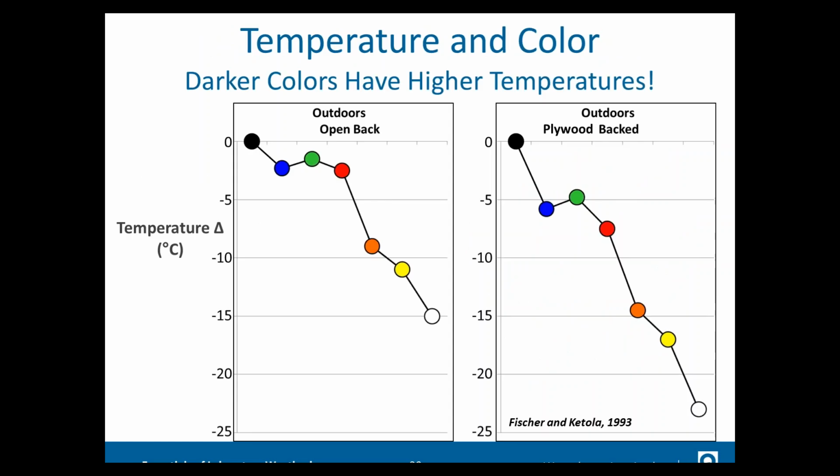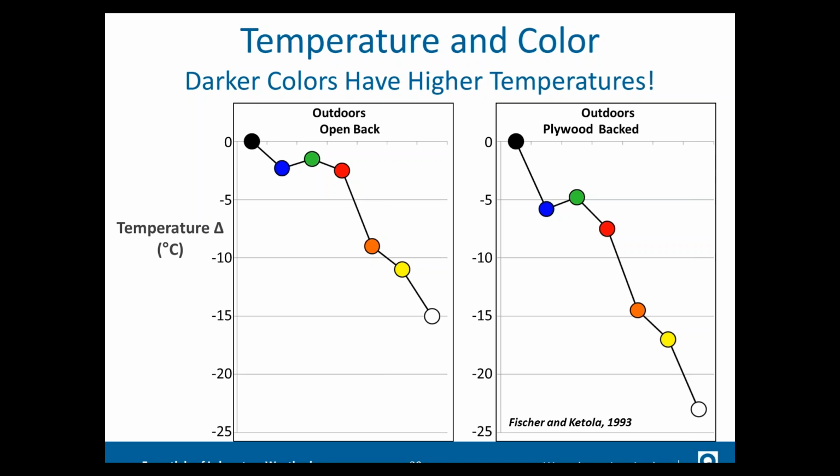Another thing to keep in mind about temperature is, as I mentioned, dark colored materials. The color of a specimen outdoors has a huge impact on what kind of end-use temperature it's going to see. In particular, what this study identified is that materials outdoors could be as much as 25 degrees C hotter when you're comparing a black specimen to a white specimen.